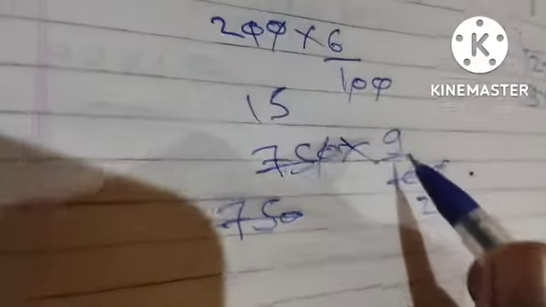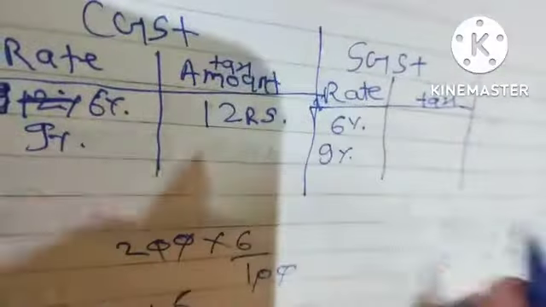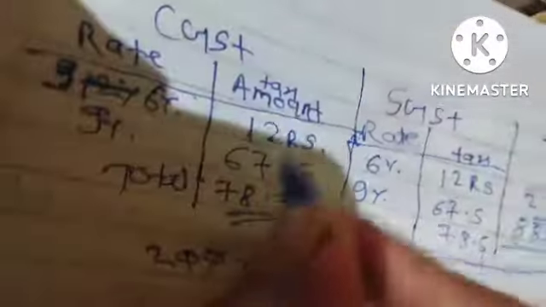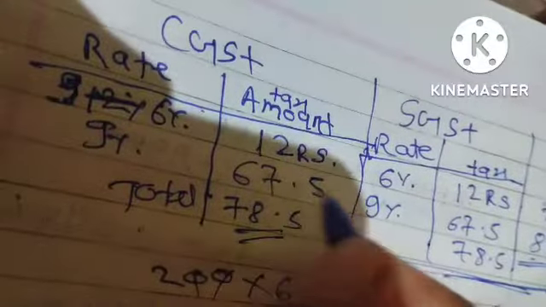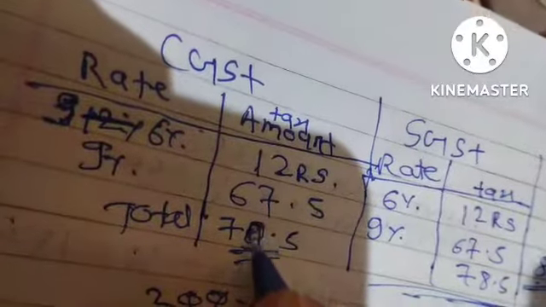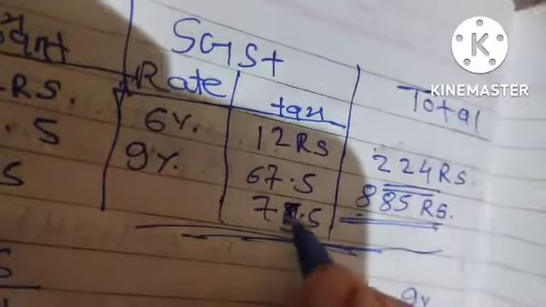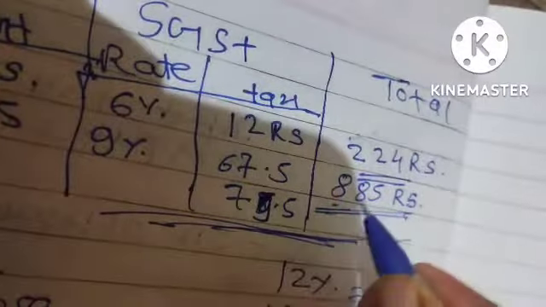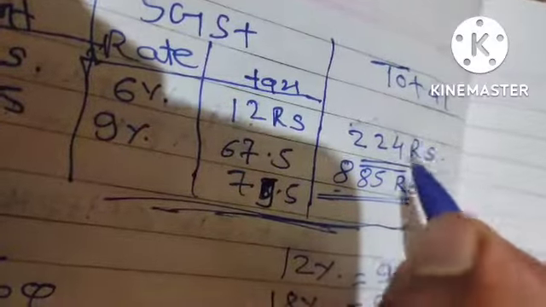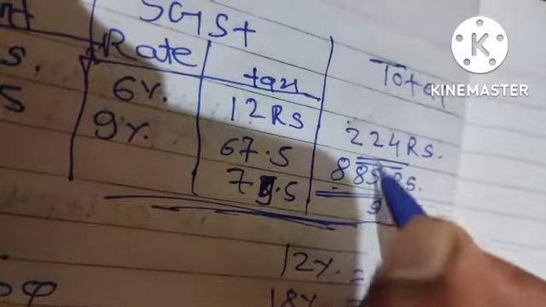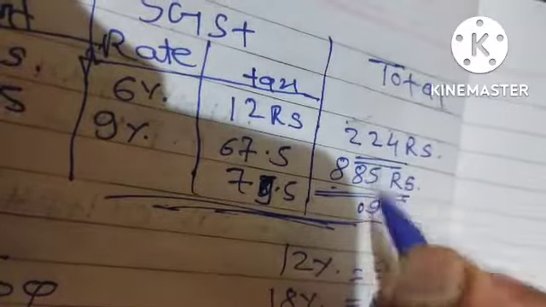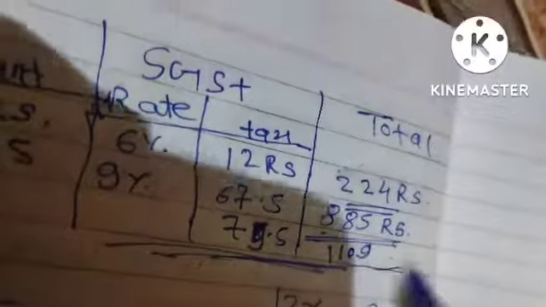So the answer will be 67.5. Total will be 12 plus 67.5, which is 79.5. Same as well for SGST. So the total of these two will be 4 plus 5, 9, 10, 11.